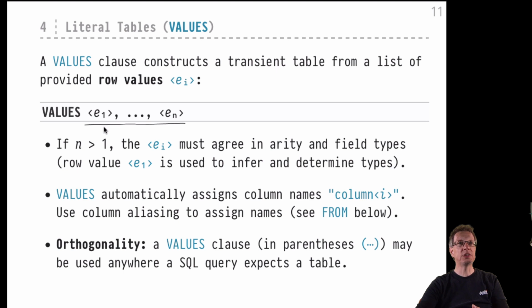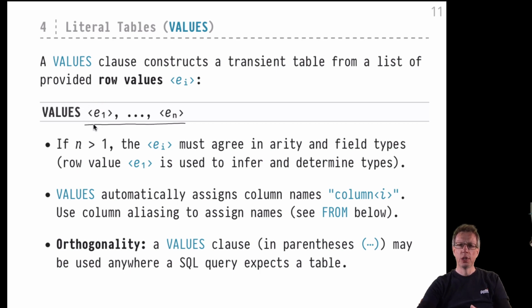They must have the same number of fields, and inside the fields there must be values of compatible or the same types, because all of this is to be collected in one homogeneous table. And the first row value E1 is special.